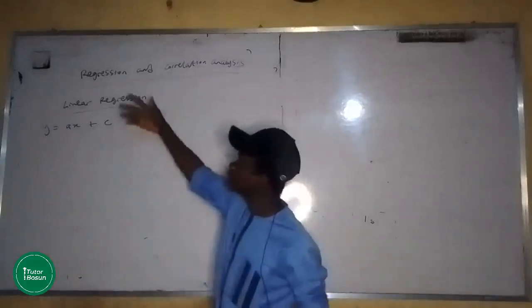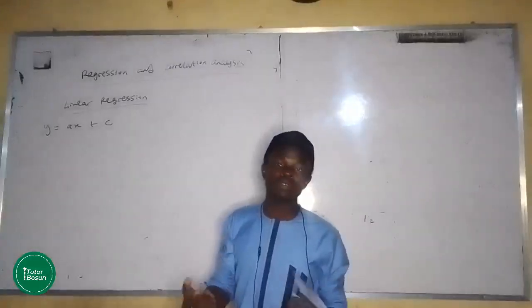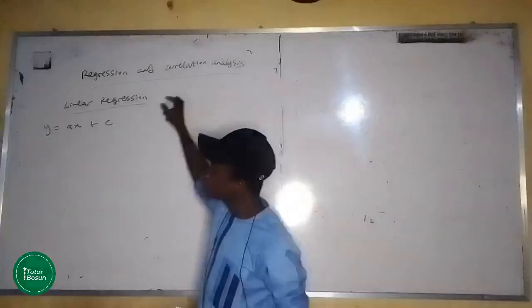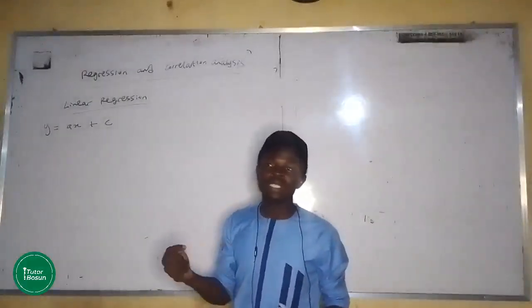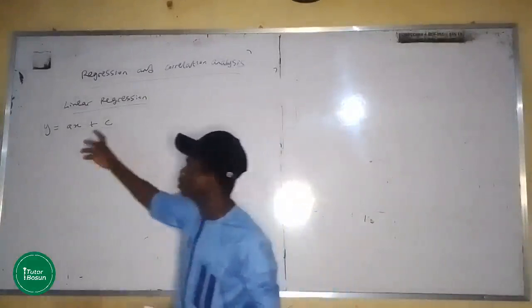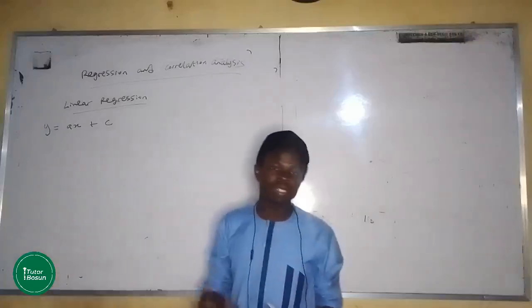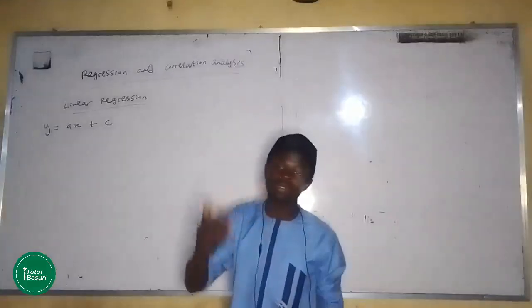If we are talking about regression, we also have the aspect of correlation. Regression is the model which we use to derive a relationship between two or more variables. But correlation is a model used to determine the strength of the relationship between the variables.